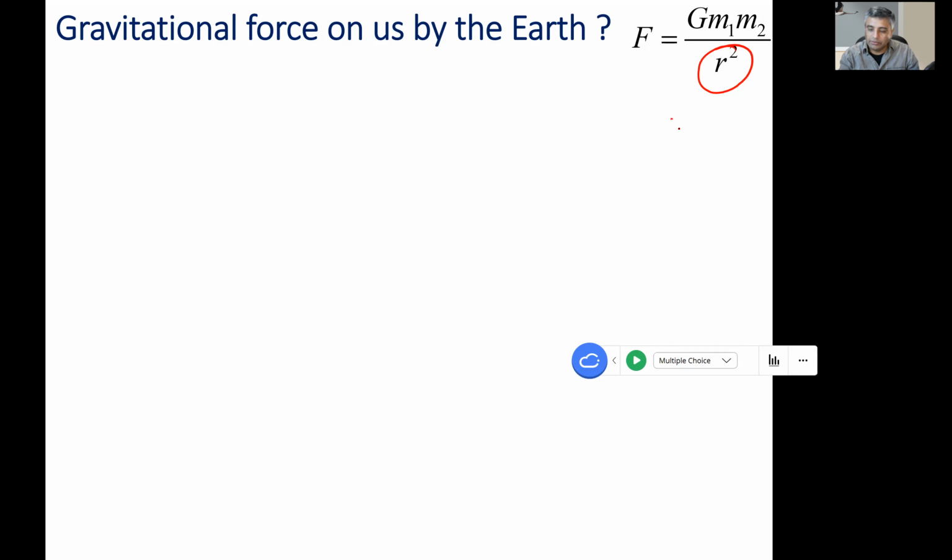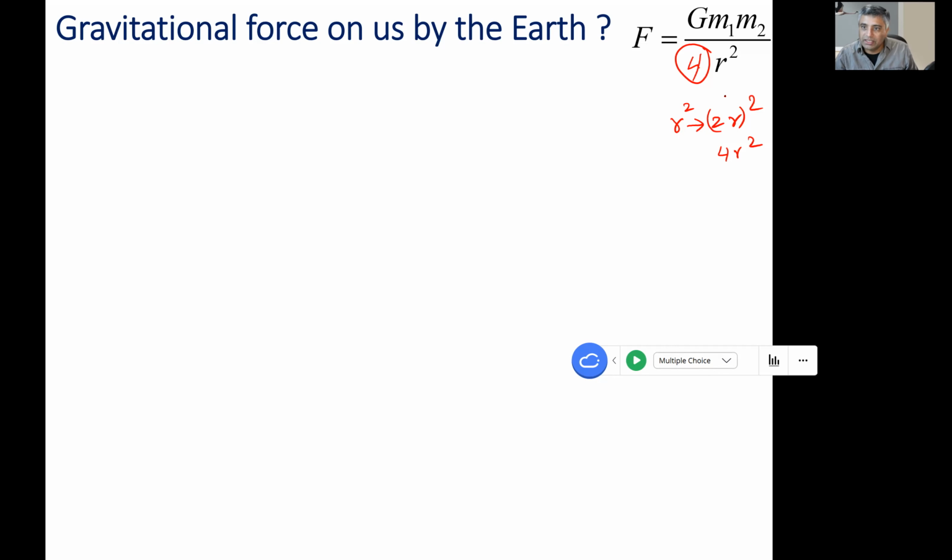Actually, if we go from r to 2 times r, since in this formula we have r squared, that means we need to square. That means we pick up a factor of 4. So this 4 is going to be down there if the distance doubles. So that means the force becomes a quarter.